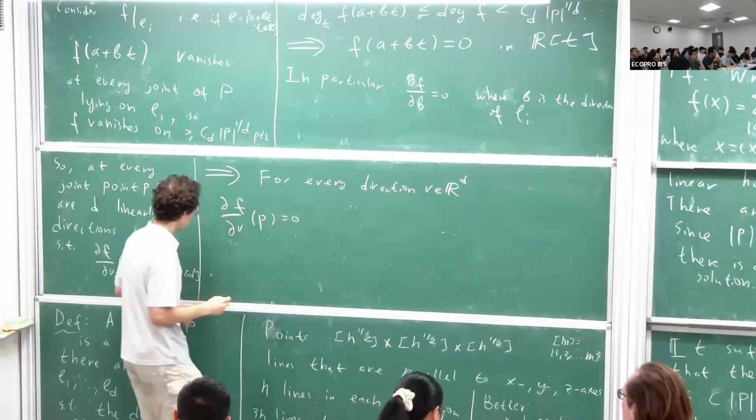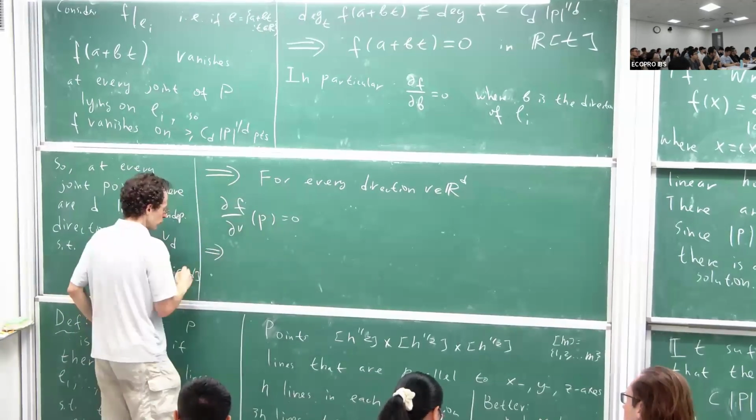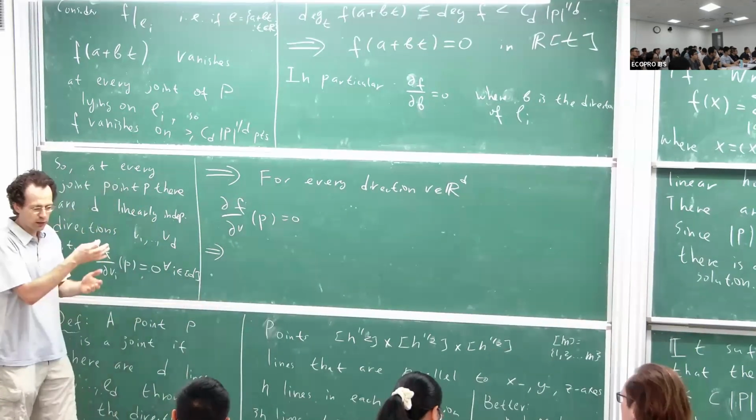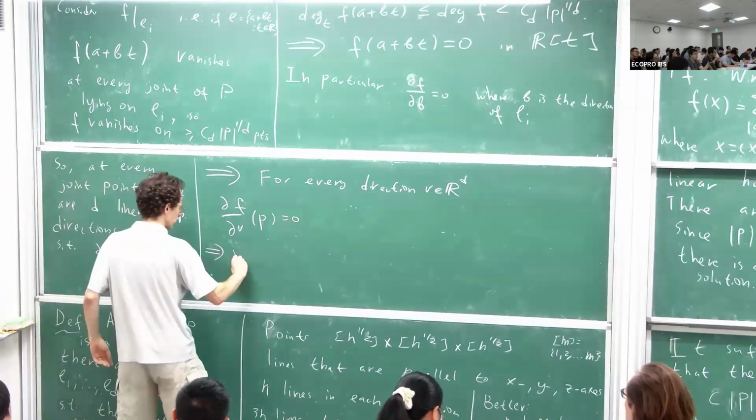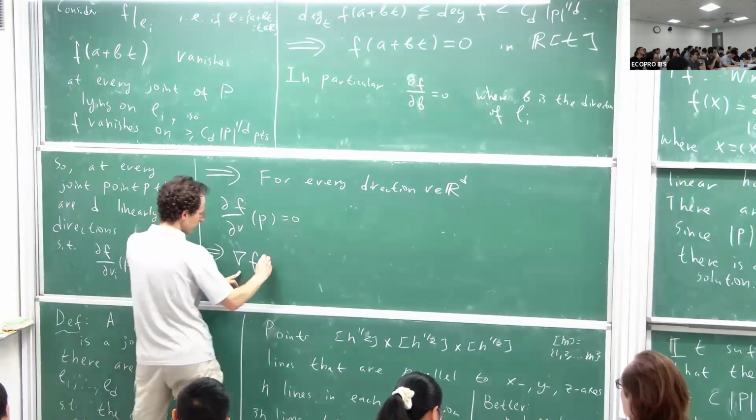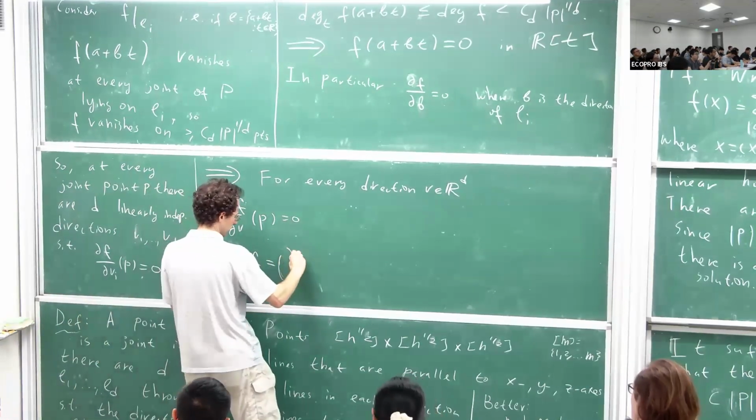Which of course means, I can just look at the coordinate directions, x1 through xd. So I'm going to look at the gradient, which is just this vector.